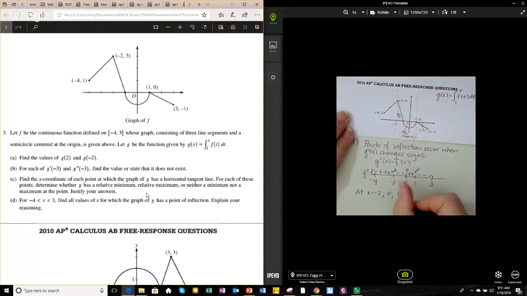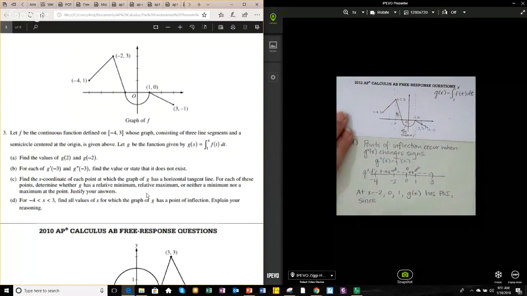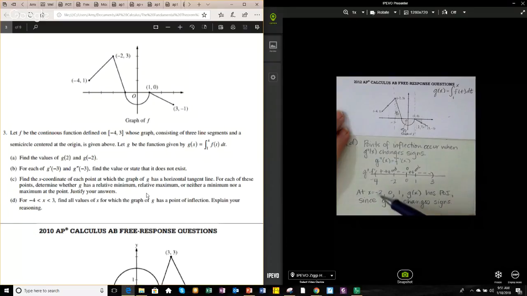We can say g of x has points of inflection since g double prime of x changes signs. And we're done with part D. That's 2 points. You get 1 for the -2, 0, 1, and 1 for the explanation. So good, that's 2012.